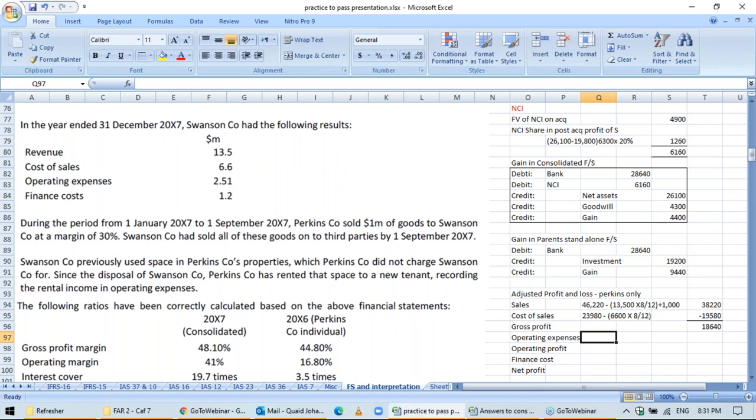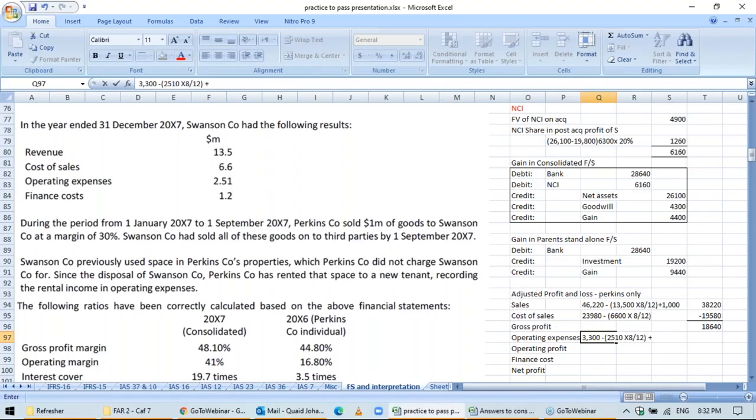So for operating expense, the consolidated operating expenses were 3.3 million, and I will deduct the 8 months operating expenses of subsidiary company, and the most important thing is that the gain was in operating expense.